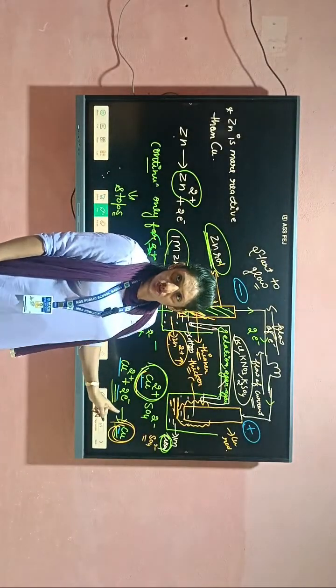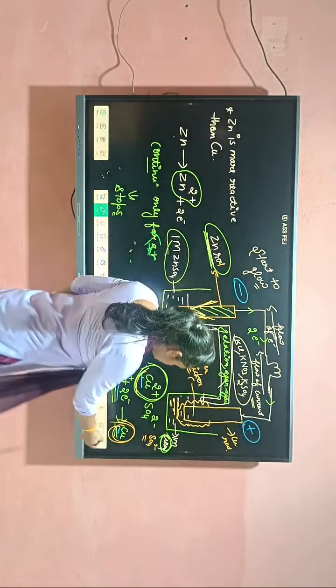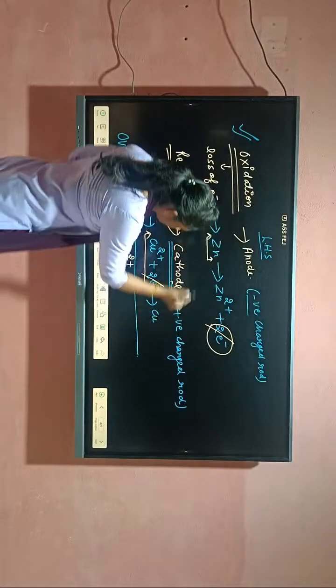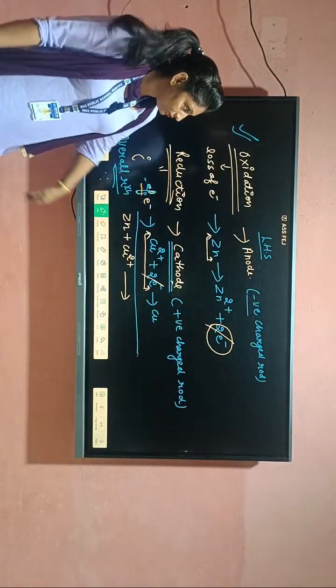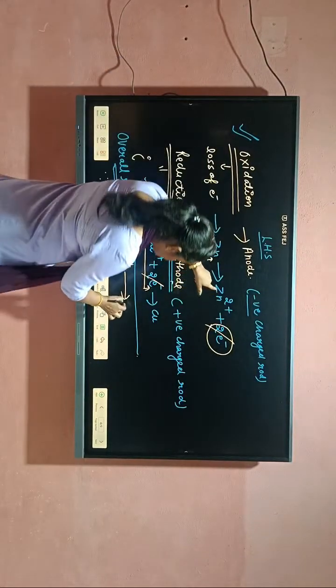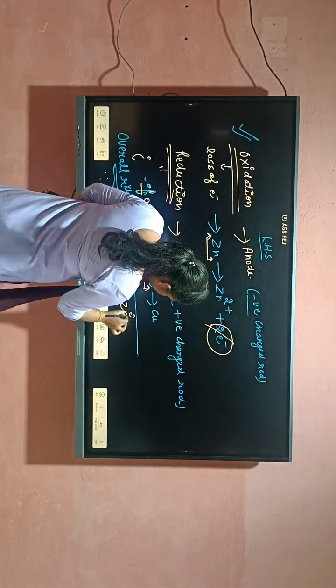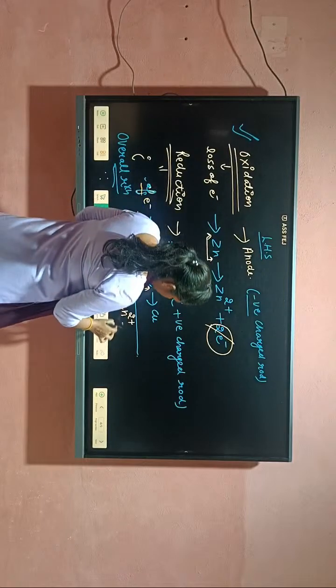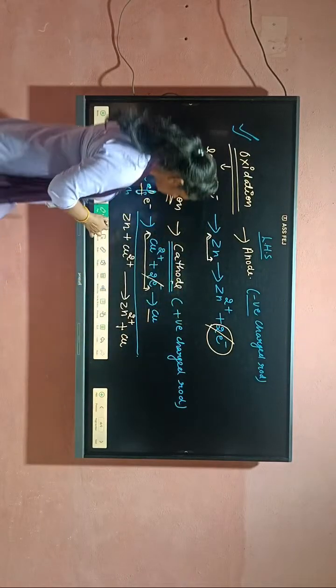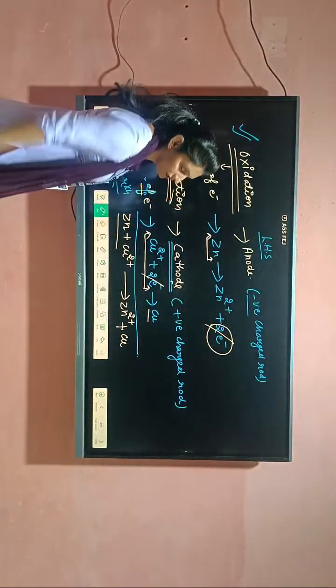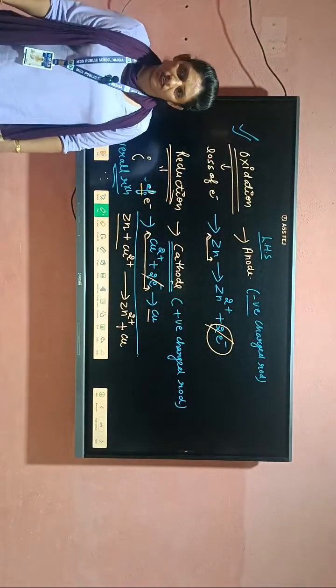So can we cancel these electrons or not? Clear? Then students, we can cancel these electrons. Now we will add products into products. So Zn2+ plus copper. This one is the ionic reaction here.